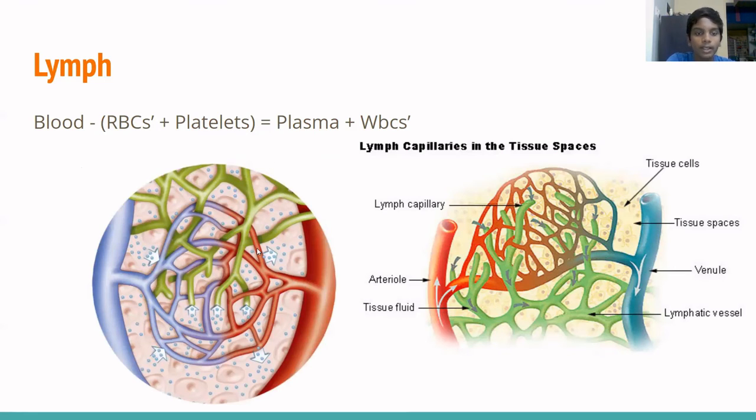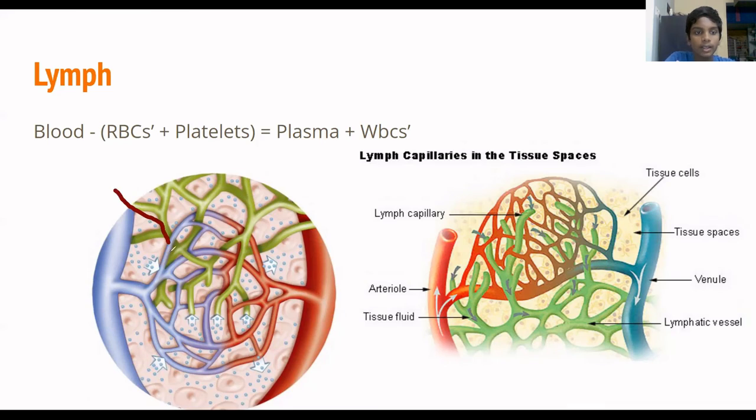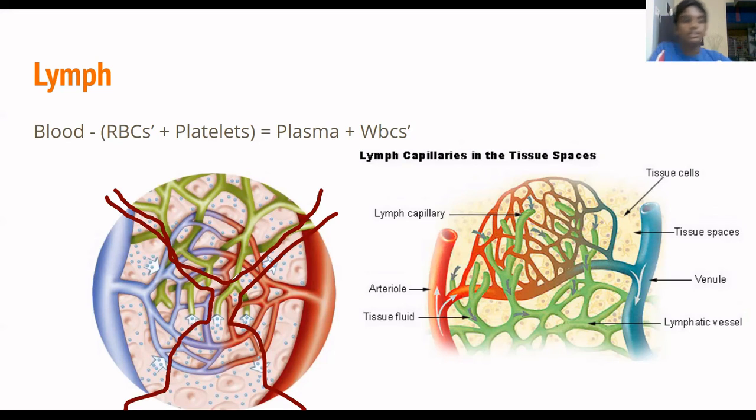These green colored ones here are the lymphs. So these green color parts are the lymphs here. The red color parts are the arteries, and the blue color ones are the veins.